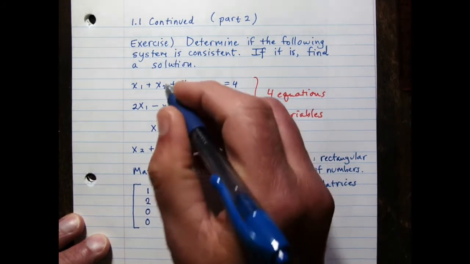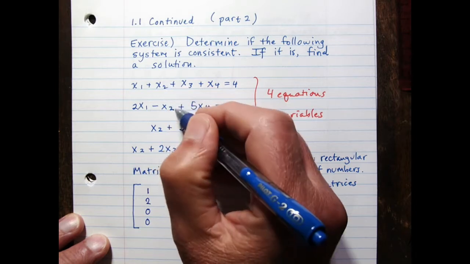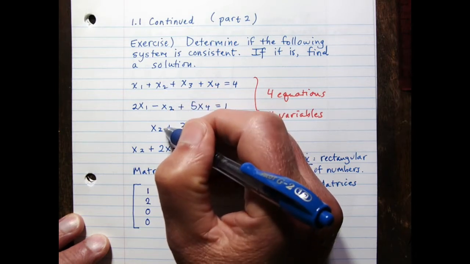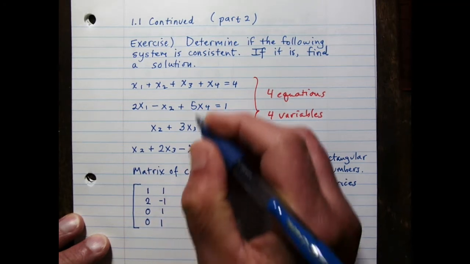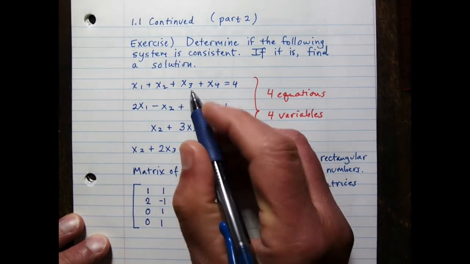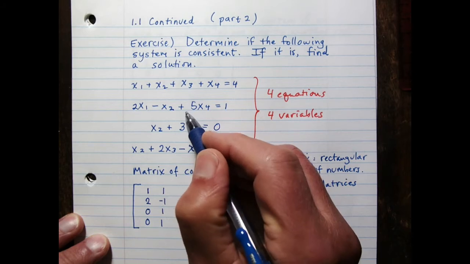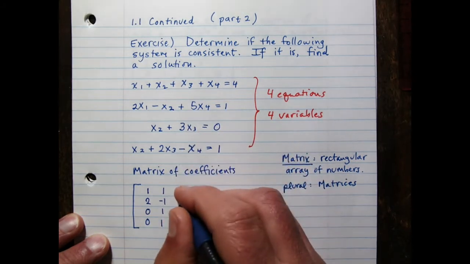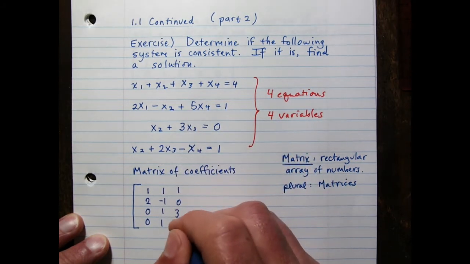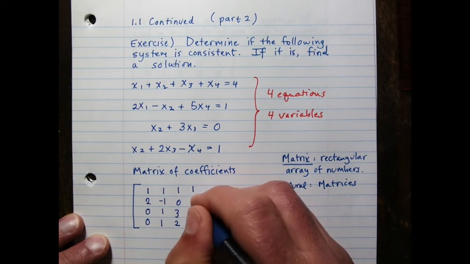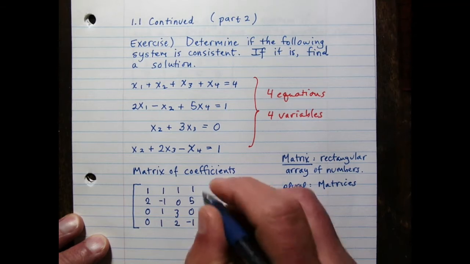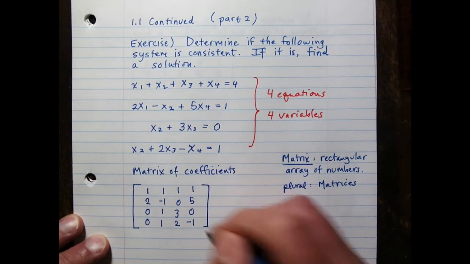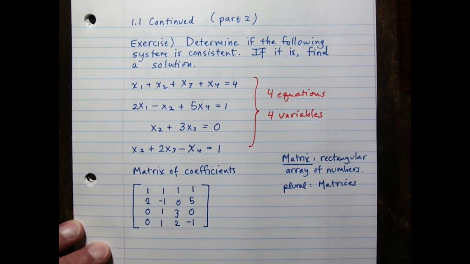Then come the coefficients of x2: 1, negative 1, 1, 1. Then the coefficients of x3, the third variable: 1, 0, 3, 2. And then the coefficients of x4: 1, 5, 0, negative 1. So there's a matrix, the matrix of coefficients.